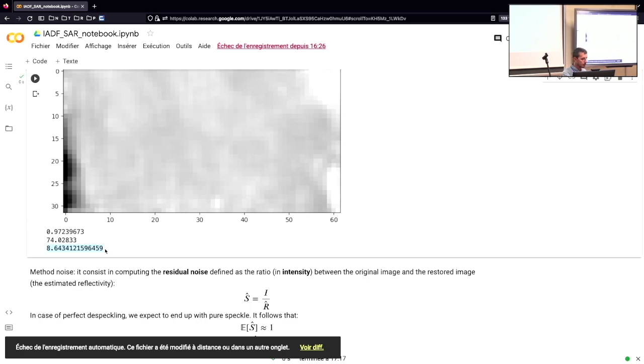Yet the equivalent number of looks that we have is equal to almost 9, even if we have averaged 49 pixels. The equivalent number of looks should be equivalent to the number of independent samples that have been averaged. So in your opinion, why do we have a value which is less than 49?